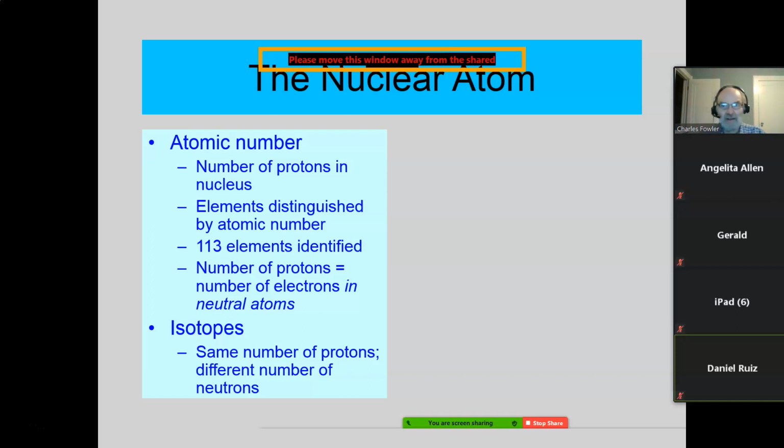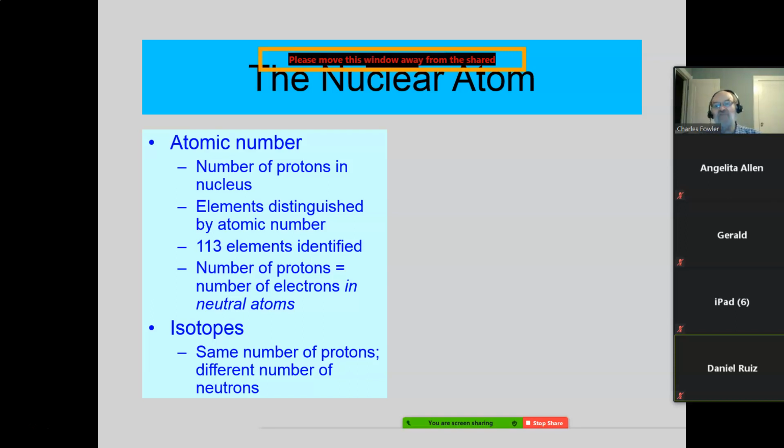We just talked about atomic number, which is the number of protons in any atom. That determines what type of atom it is, what kind of element that one is. Every element has a fixed number of protons, and it's always the same. You can have more or less number of neutrons in that nucleus as well.